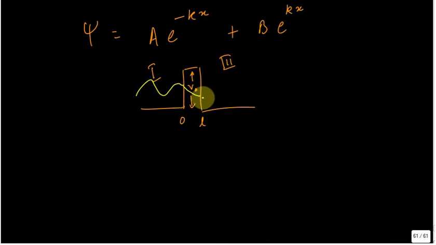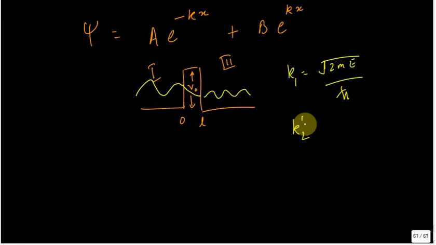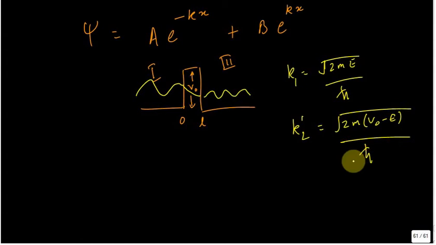Then in region 3, if I again observe the wave, it has a reduced amplitude but the same frequency as in region 1, because in regions 1 and 3, k1 is equal to root 2mE by h cross. In region 2, it's k2 prime that we wish to use, which is root 2m (V naught minus E) by h cross. Or if you want to say k2, then you can write E minus V naught. It's going to decay like that.